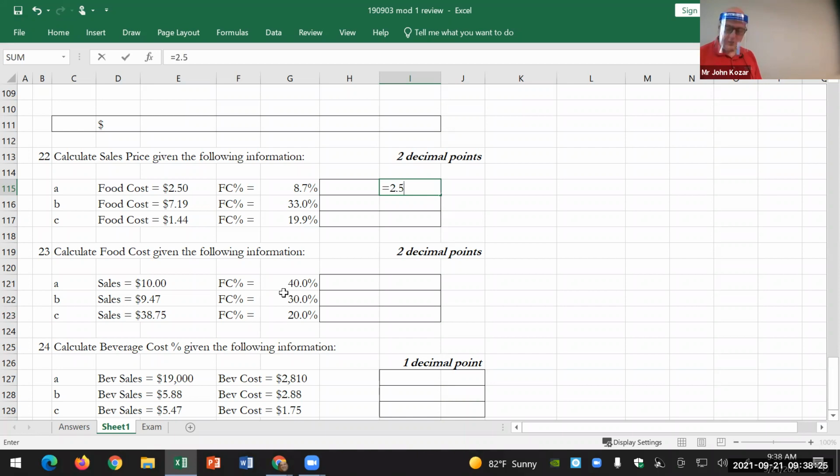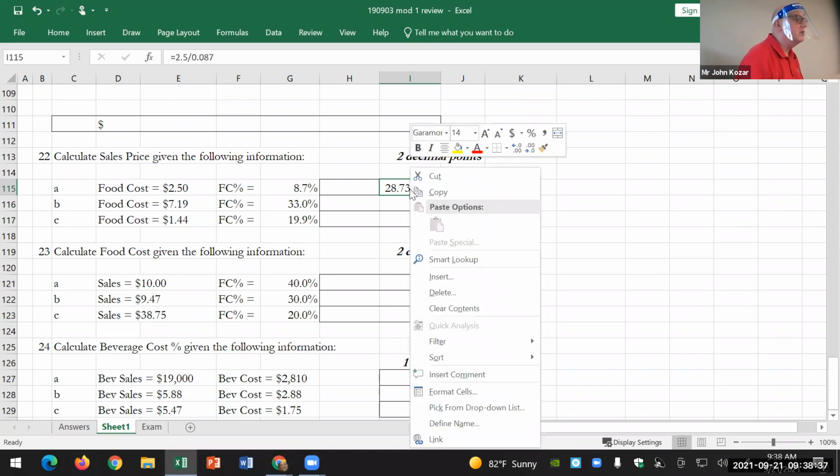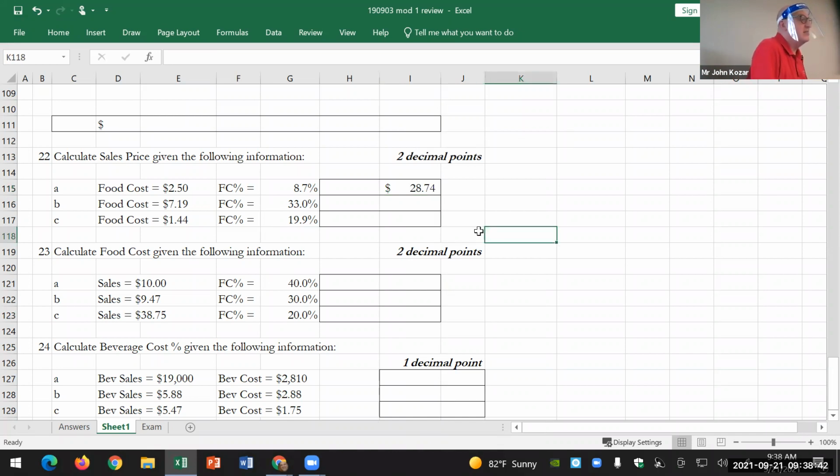So 250 divided by 8.7 is $28.74. That food cost percent is really, really low. And it's near impossible to sell something that's worth $2.50 for $28.74.